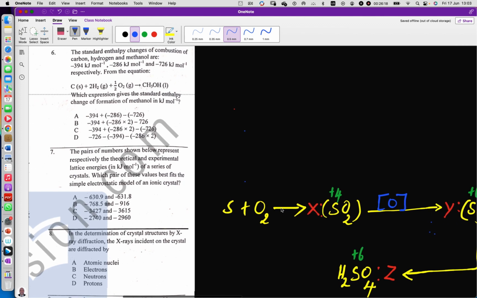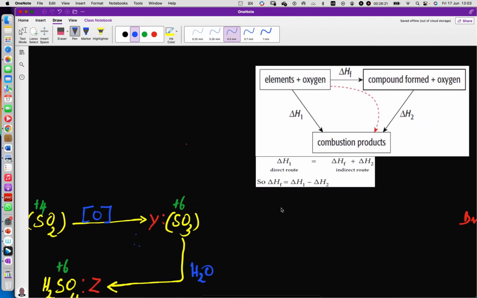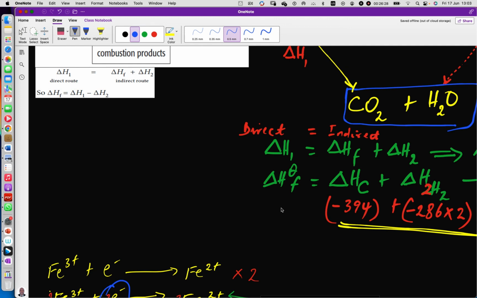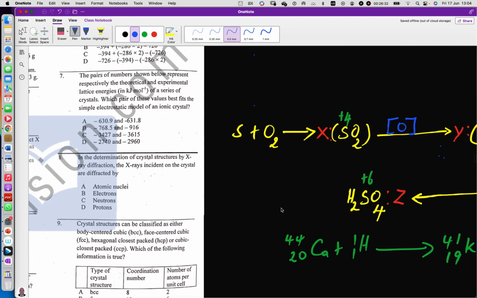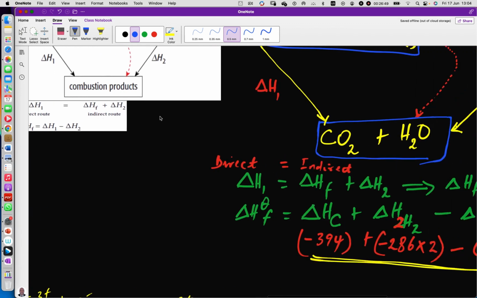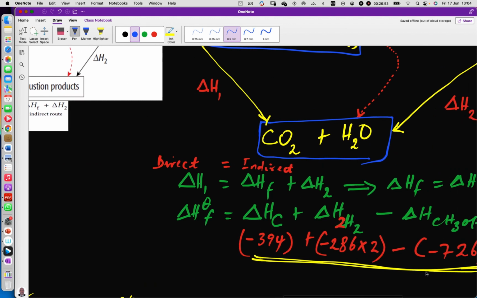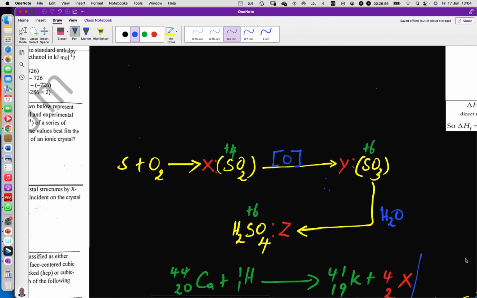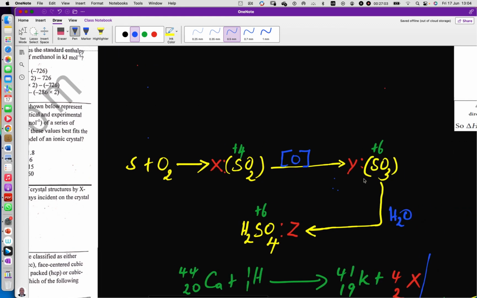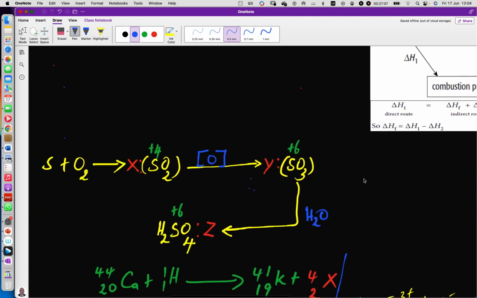The right answer for what we have here is negative 394 minus 286 times 2, minus negative 726.